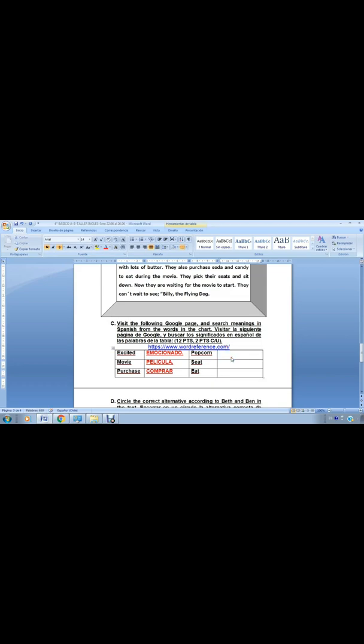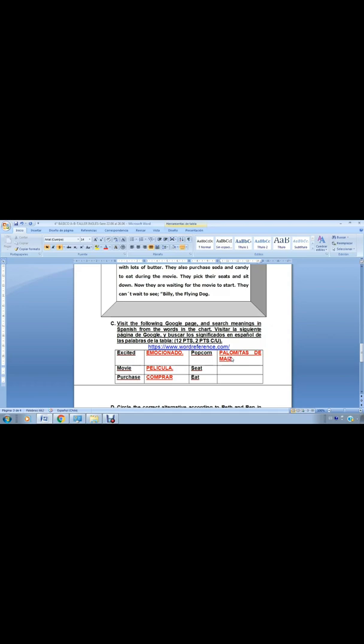The next word says, la siguiente palabra dice popcorn. Popcorn in Spanish means, popcorn en español significa palomitas de maíz. Palomitas de maíz. Popcorn, palomitas de maíz.